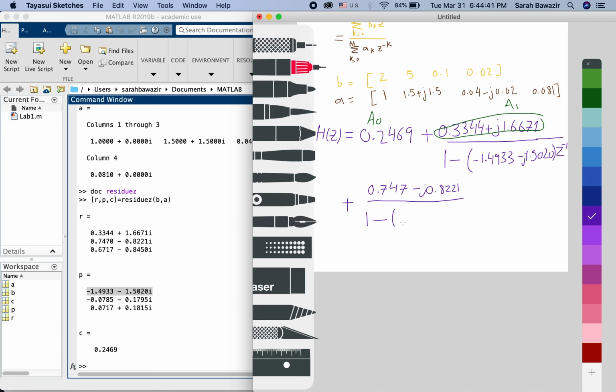It is minus 0.0785 minus j0.71795 times z to the power minus 1. This is A2.